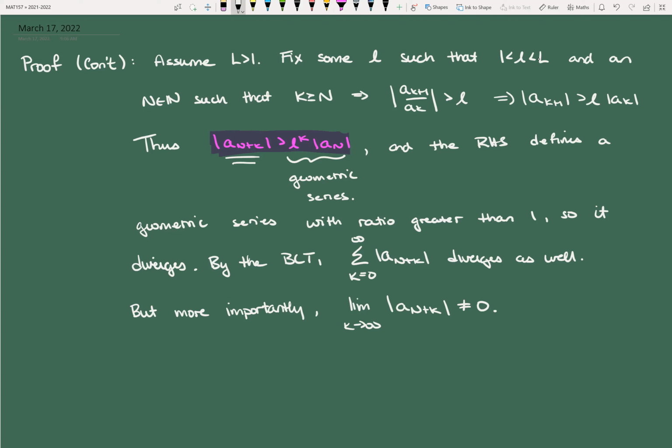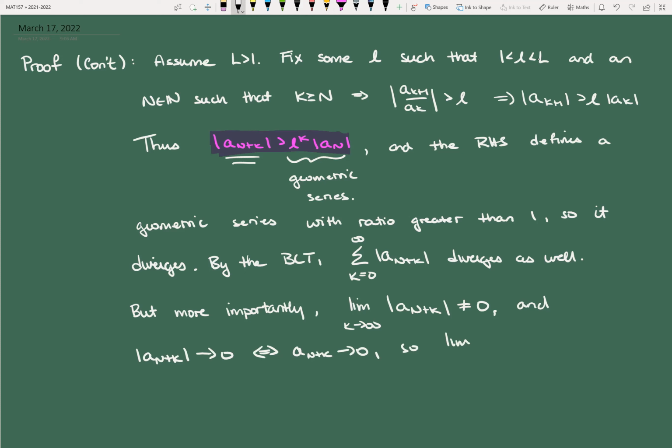But the limit of the absolute values is equal to 0 if and only if the original sequence is equal to 0, right? And a_{n+k} goes to 0 if and only if |a_{n+k}| goes to 0.